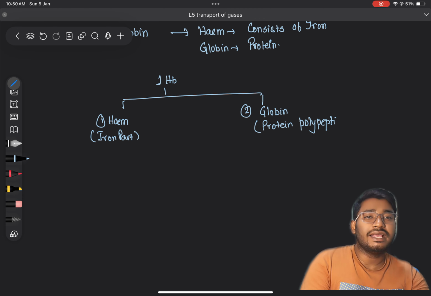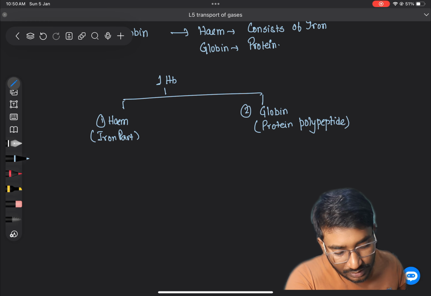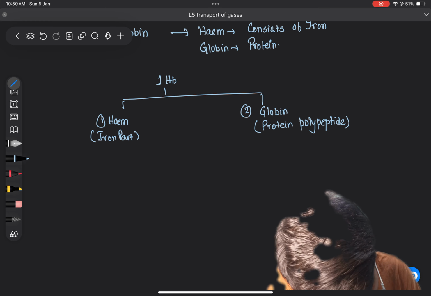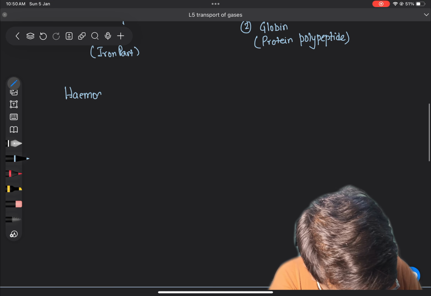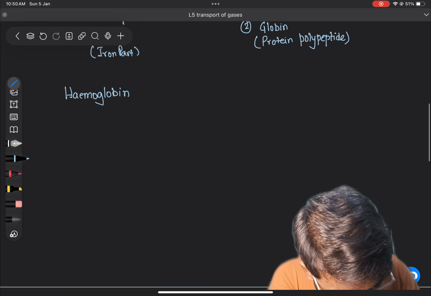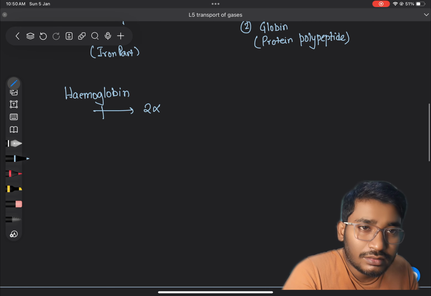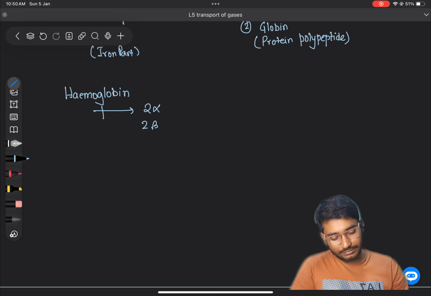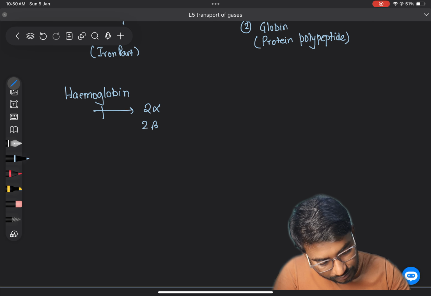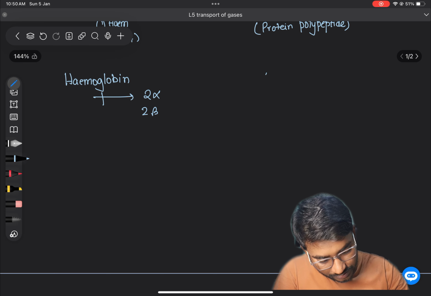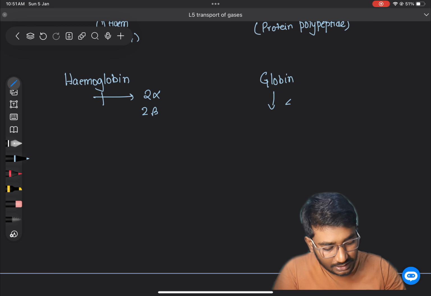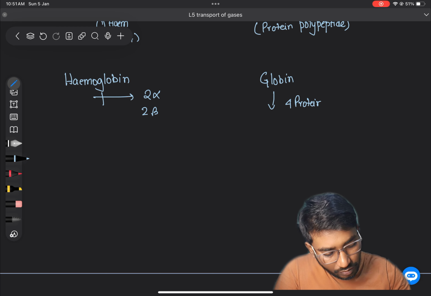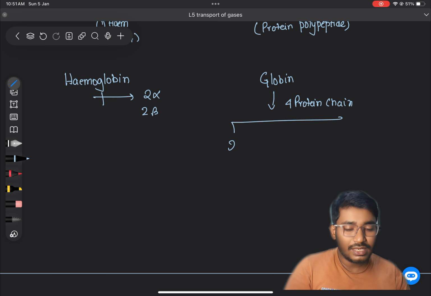Now we come to the next part of hemoglobin. Hemoglobin has two alpha chains and two beta chains. The globin is basically made up of four protein chains, as I have said, two alpha and two beta chains.